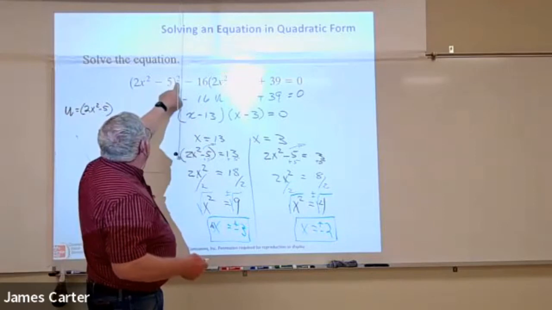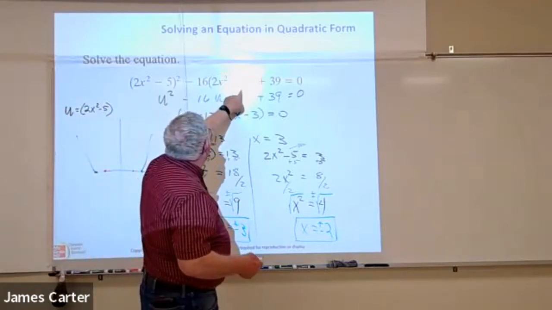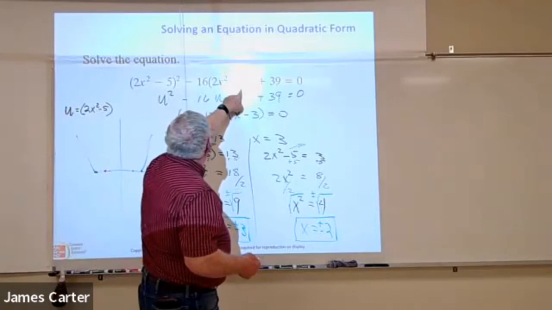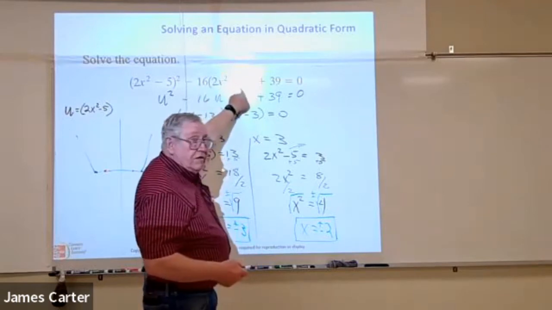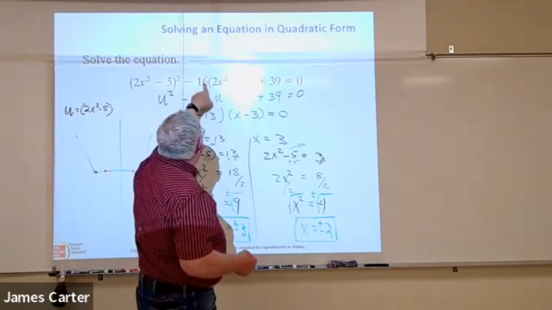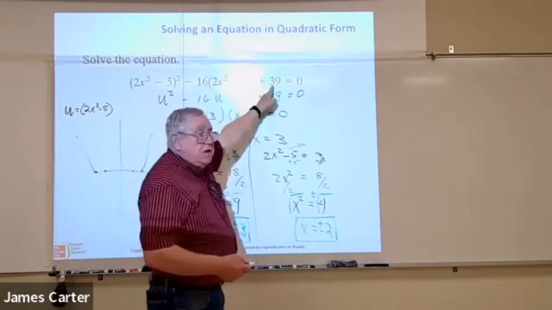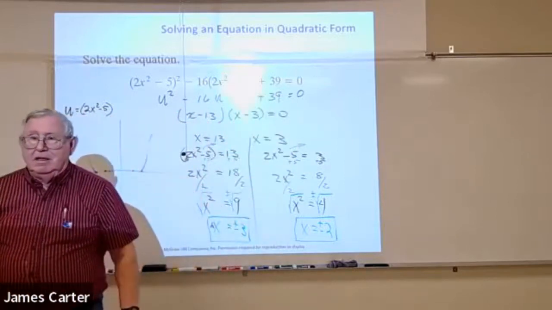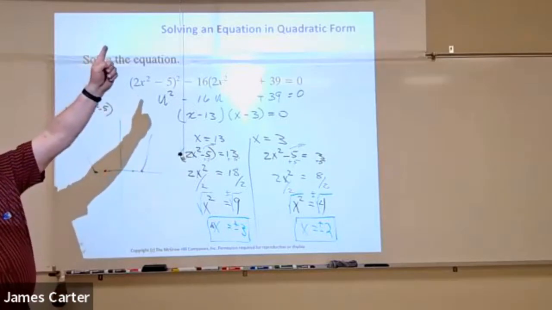So we got negative 5 squared is 25. Here we've got 25 times negative 5 is, well, actually positive 5 is 125, and 125 times 16, whatever that number is, plus 39 more. So that thing is way up there. Yes.